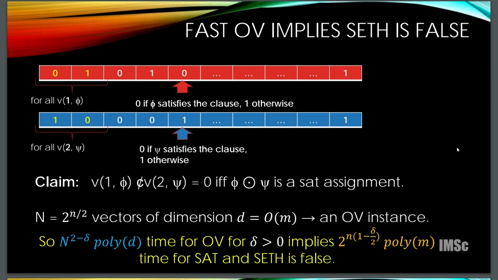So, this time for OV for some delta greater than 0 implies this for SAT, which means that strong exponential time hypothesis is false. So, if you believe this, then you have a lower bound for orthogonal vectors.